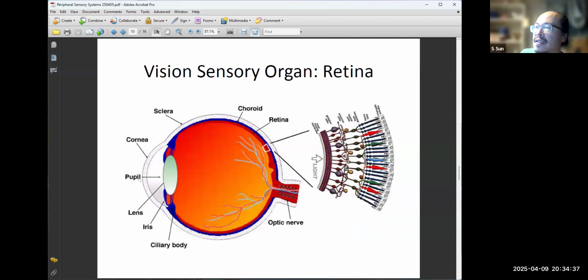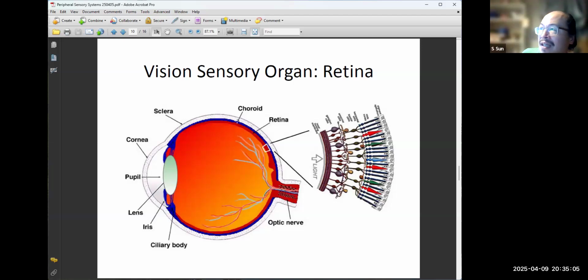So that's the cornea, and then the lens. Pupil size is controlled by the iris. The iris is connected with the ciliary body. The ciliary body has a blood supply, so this ciliary body will continue with the choroid layer.